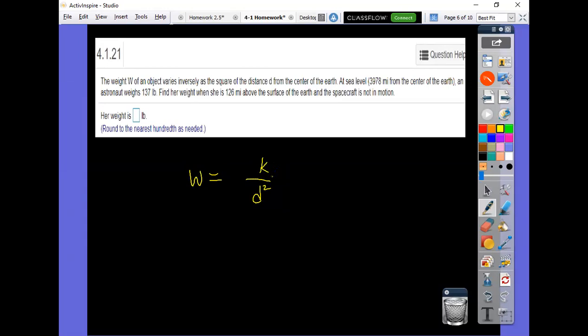So then they say at sea level, 3,978 miles from the center of the earth, an astronaut weighs 137 pounds. So the weight of the astronaut, 137 pounds. The distance, 3978. Don't forget, we've got to square that to find our constant of variation. We'd multiply that 3978 to the other side, right?